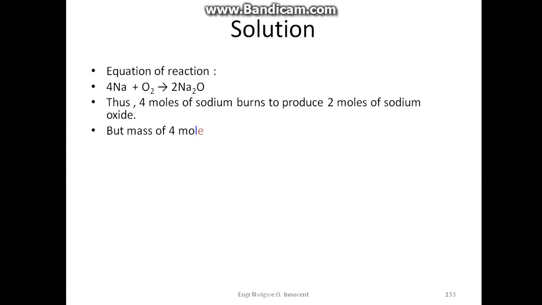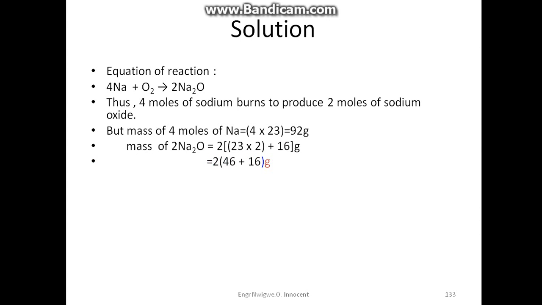The mass of 4 moles of sodium is equal to 4 times 23, which gives us 92 grams. The mass of 2 moles of sodium oxide is 2 times (2 times 23 plus 16), which is 2 times (46 plus 16), giving 124 grams. Yes, these units are important. That is, 92 grams of sodium burn to produce 124 grams of sodium oxide.